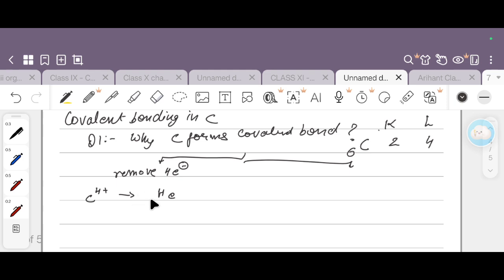But removing 4 electrons and making C4 positive, the compound formed is not stable here.